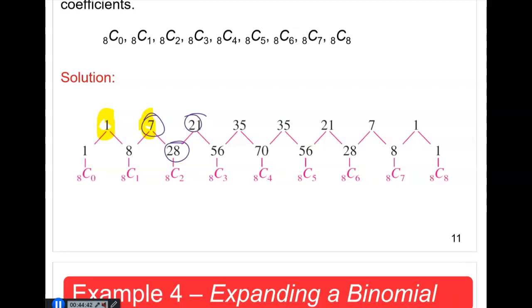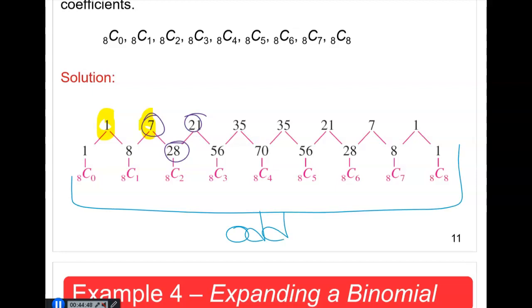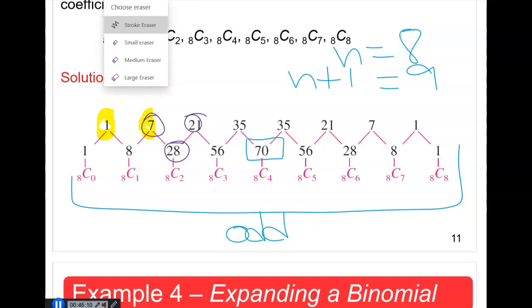And notice how here we have an odd number of terms. It's because n is equal to 8, so the number of terms is always n plus 1, which will be 9. And so in this case, the term in the middle is 70, but every other term, for example the first and the last one, are symmetric with each other.